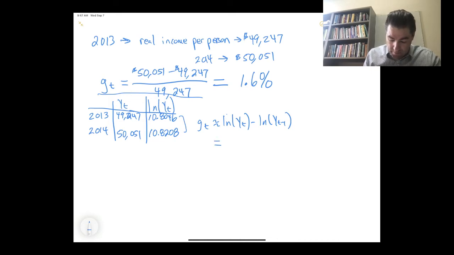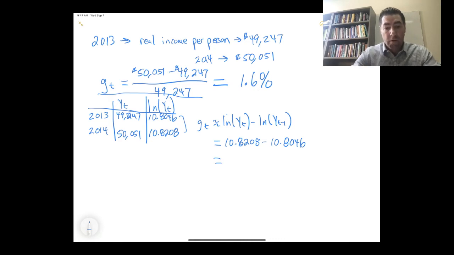And here, that's 10.8208 minus 10.8046, which is 0.0162, 1.62%.